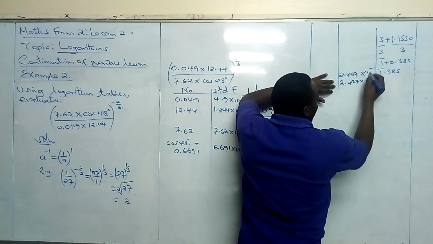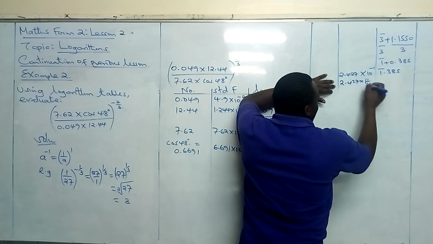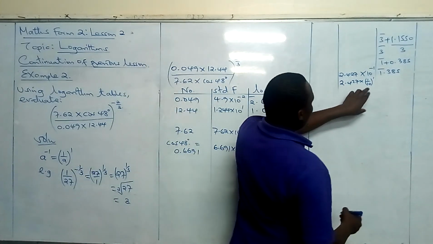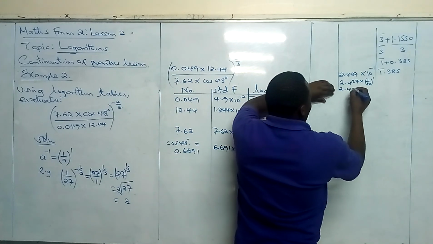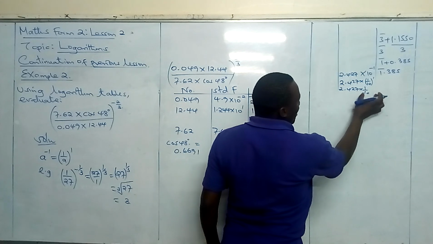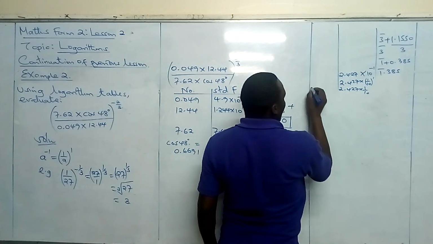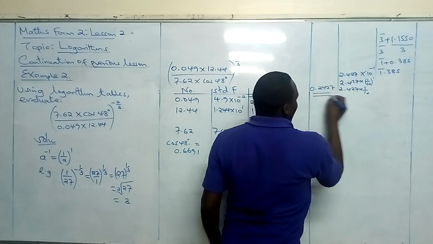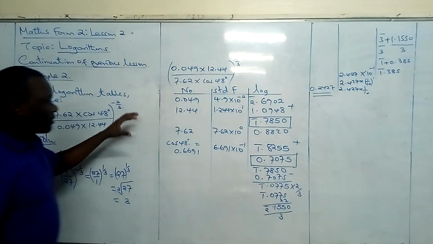To remove a minus, we take 1 over 10, to the power 1. And we know a number to the power 1 is that particular number. So we will take 2.427 times 1 over 10. It means this number should be divided by 10, meaning we move the decimal point by 1 place. So that's how we find this kind of answer.